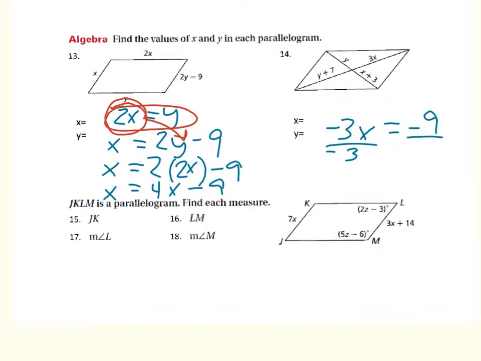And then we divide by negative 3. And x equals positive 3. So x equals 3. And then we got to find y. Well, I already know y is equal to 2 of the x's. So y equals 2 times 3, which makes y equal 6. So y is equal to 6.